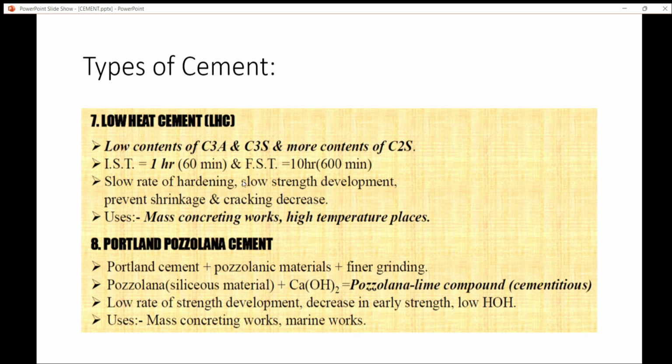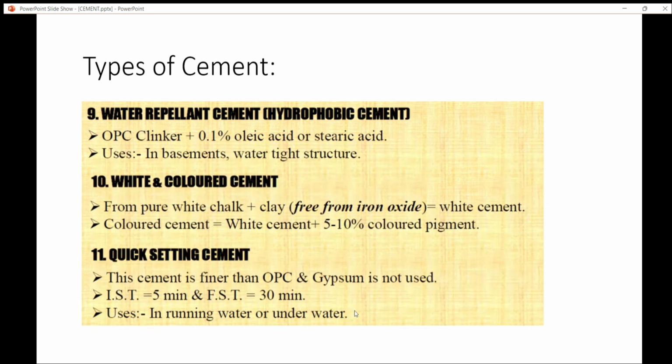Slow rate of hardening, slow strength development, prevents shrinkage and cracking. Used in mass concreting works and high temperature places. Portland pozzolana cement. Portland cement, pozzolanic materials, finer grinding, low rate of strength development, decrease in early strength, low heat of hydration. Used in mass concreting works, marine works.